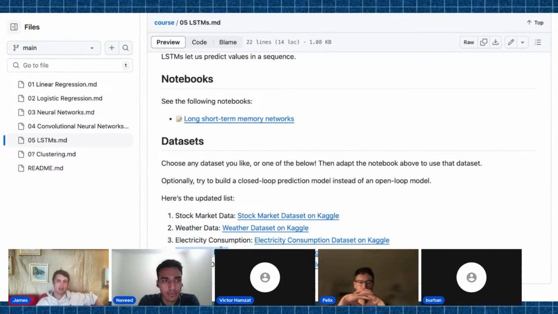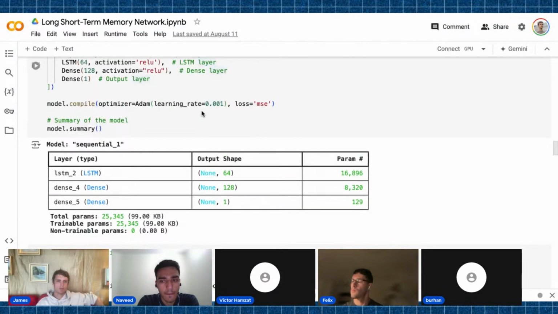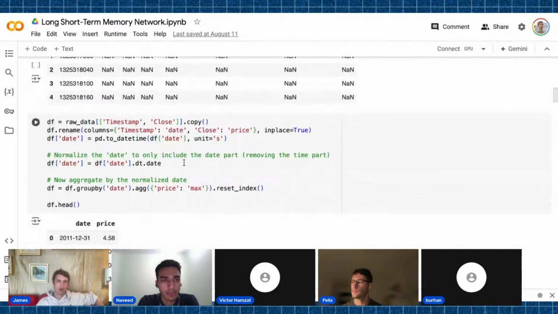So really, anything that is sequential in time would be interesting to see, and should be pretty easy to fit to this. The most annoying thing here was probably getting the right code to format everything correctly to date time. Everything has to be formatted as a date time.